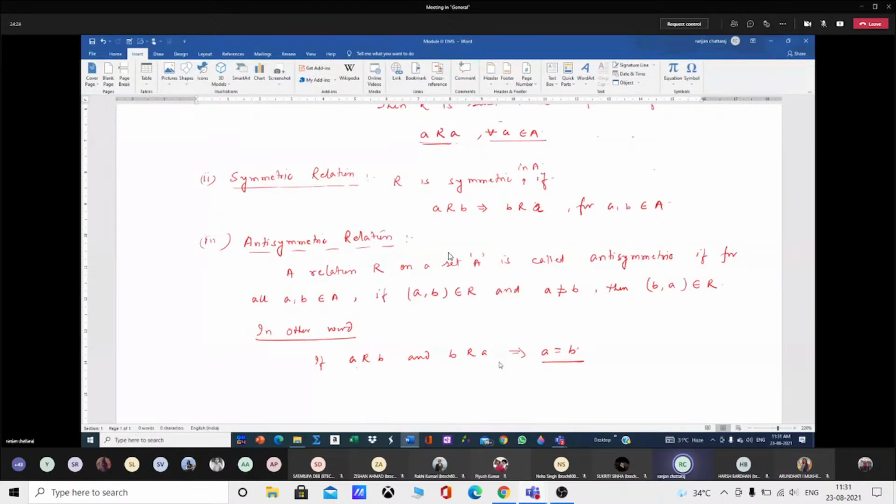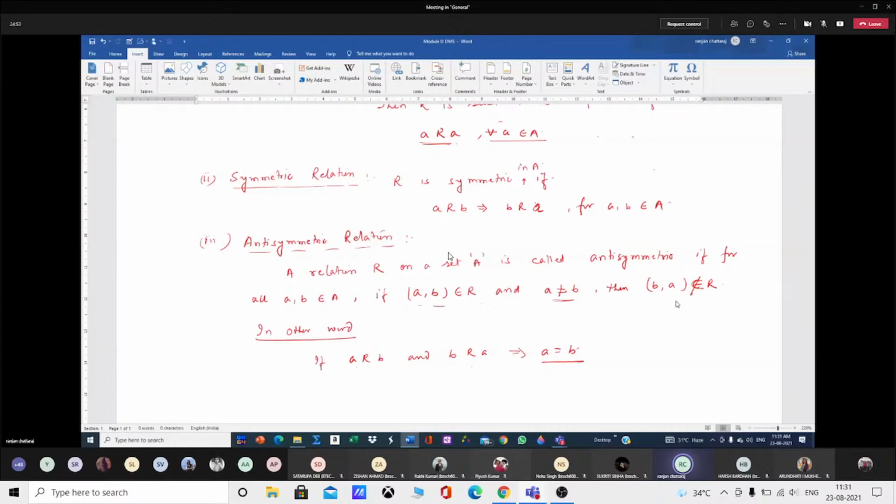And in another way it is said to be antisymmetric if (a, b) belongs to R and A is not equal to B, then (b, a) does not belong to R. So what I am writing here, if this and this both exist, then A is equal to B. In another way, you can write if (a, b) belongs to R and A is not equal to B, then (b, a) does not belong to R.